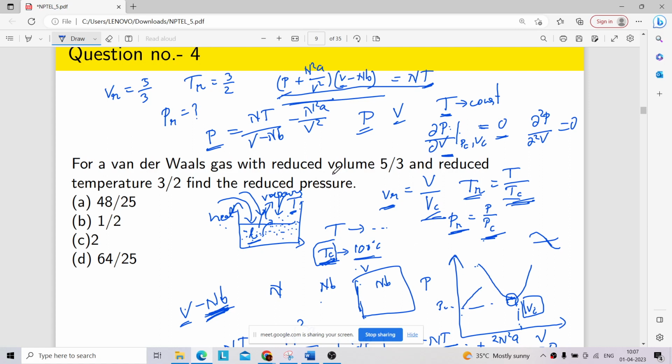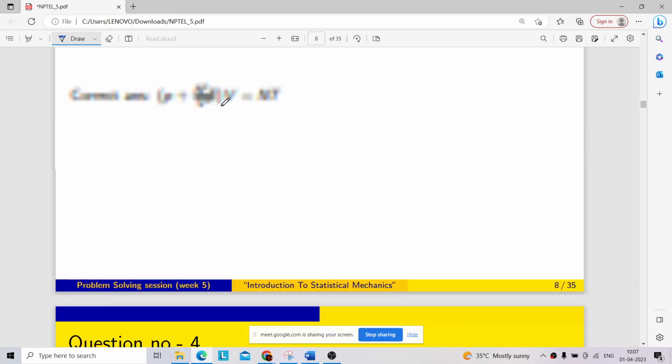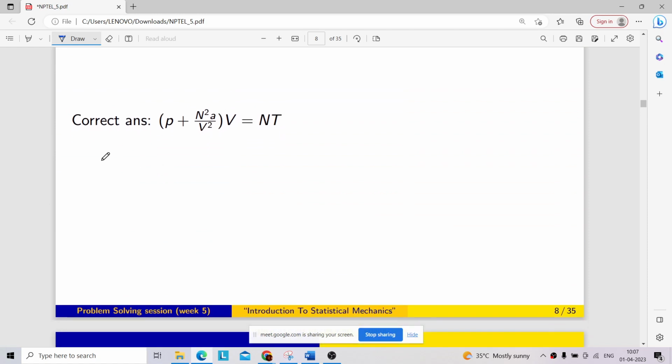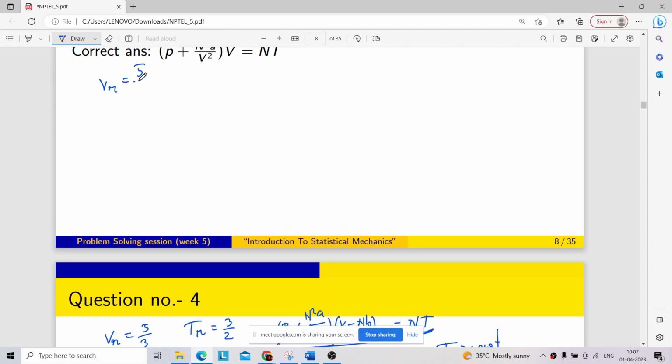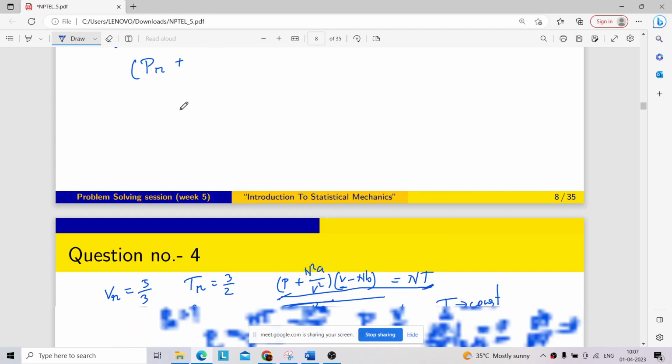Okay, VR is 5 by 3, TR is 3 by 2, and let's find some white space here. Okay, VR is 5 by 3, TR is 3 by 2, and we have to put these values in the reduced equation.